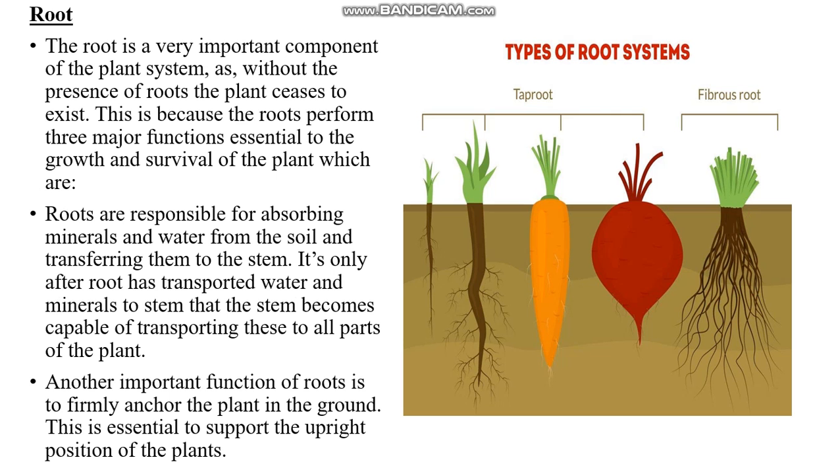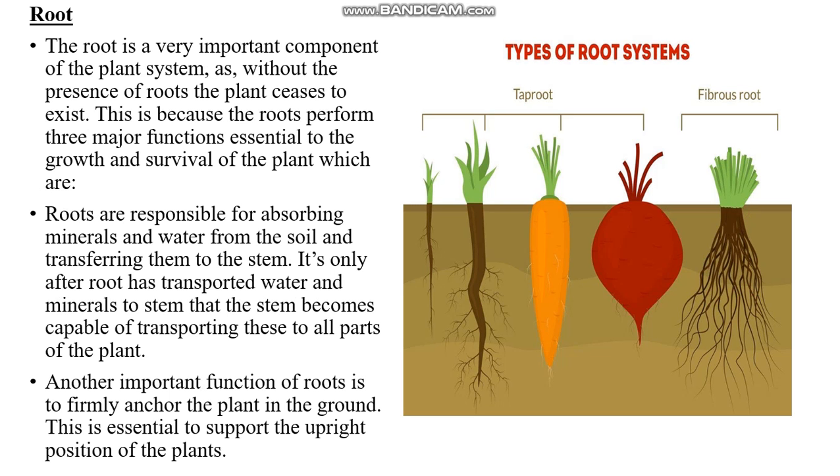Next we will see root. Root is a very important component of the plant system. Looking at its functions, it fixes the plant firmly to the soil. It helps in carrying water and minerals from the soil to all parts of the plant. It binds the soil particles and prevents soil erosion.